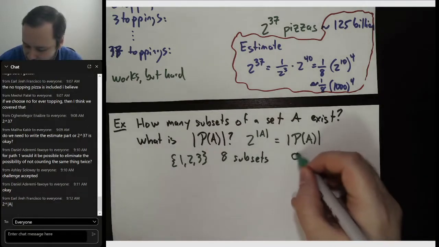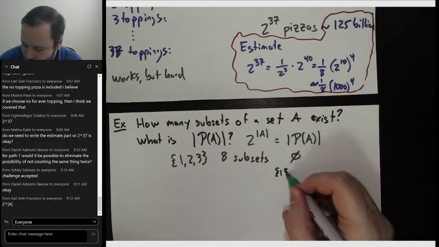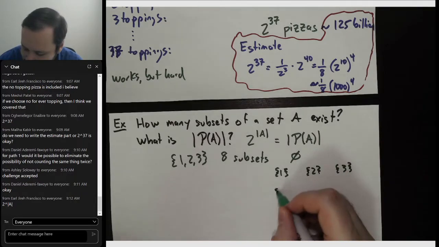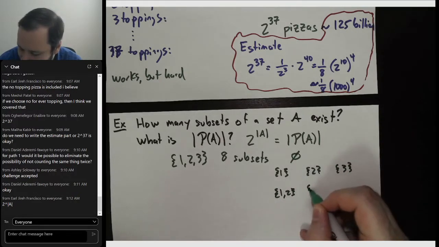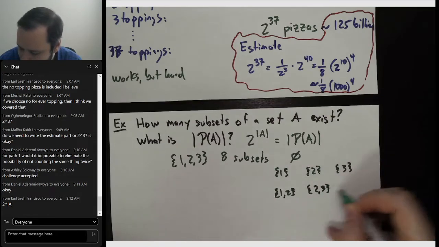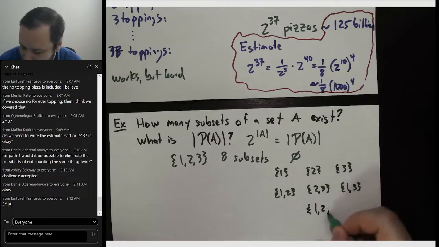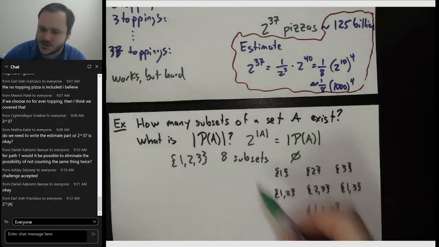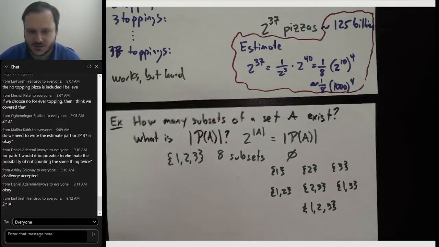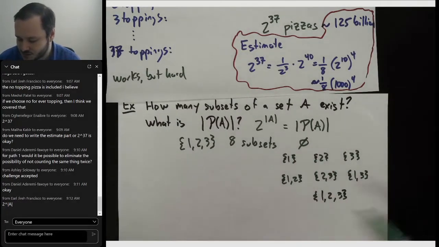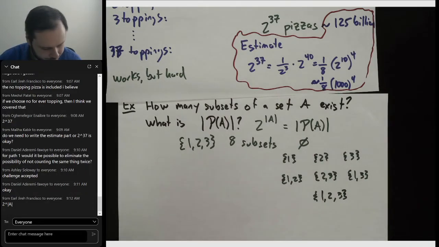Right, and those were the empty set, the set containing 1, the set containing 2, the set containing 3, the set containing 1 and 2, the set containing 2 and 3, the set containing 1 and 3, and then the set containing all 3 of them. These were our 8 options for a subset of this set. So this was the power set, these 8 things. Okay.